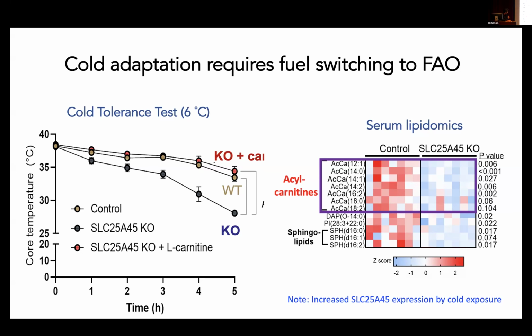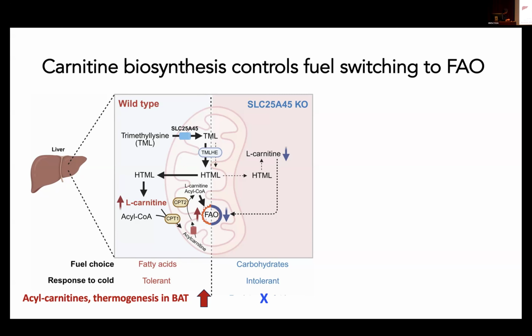So far, what I told you is that we happen to identify this transporter without any expectation that it would be important for the de novo synthesis of L-carnitine. And carnitine is important for fatty acid oxidation. So if you knock out this pathway, the body can't make enough carnitine, and they fail to adapt to cold. They can't make acylcarnitine, such that brown fat thermogenesis is down.